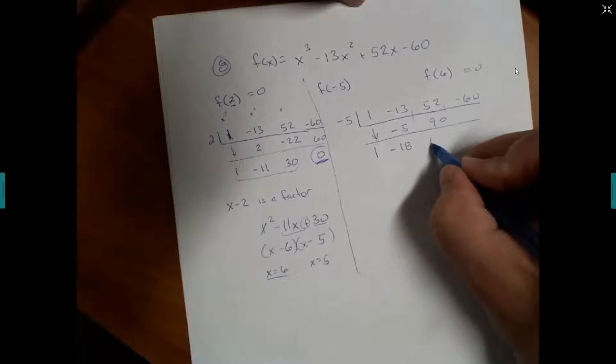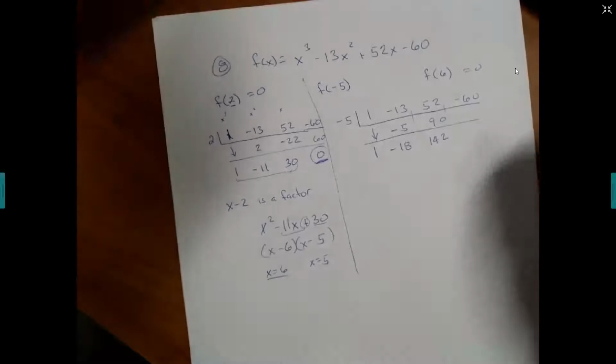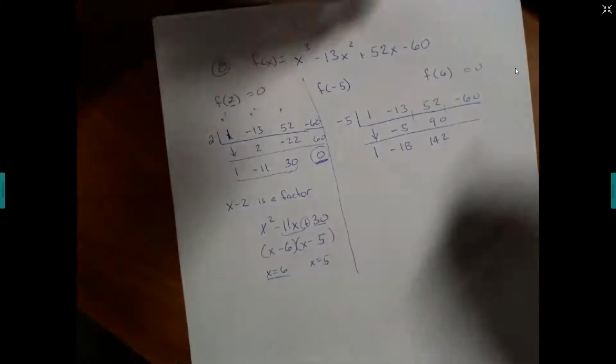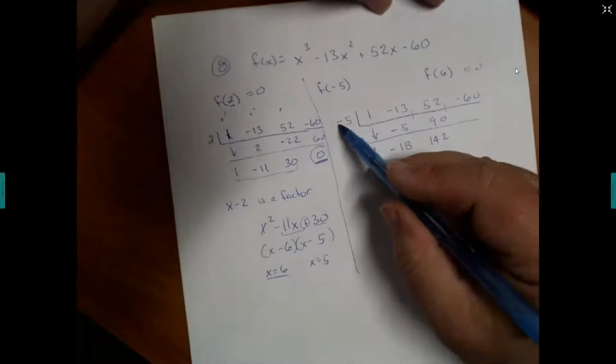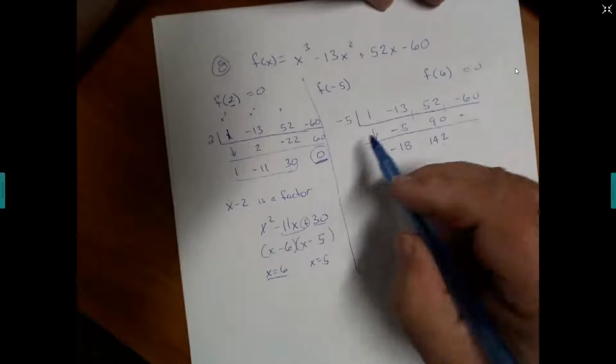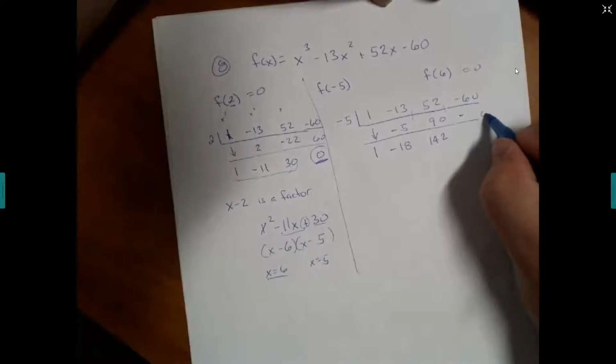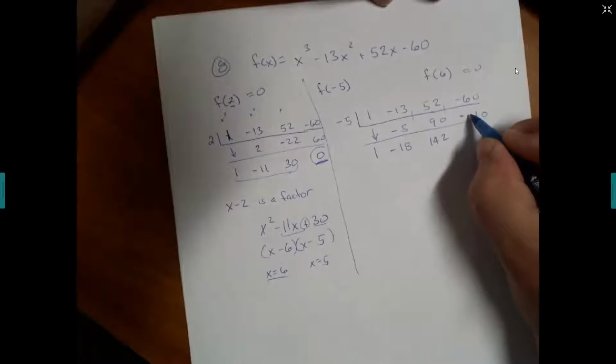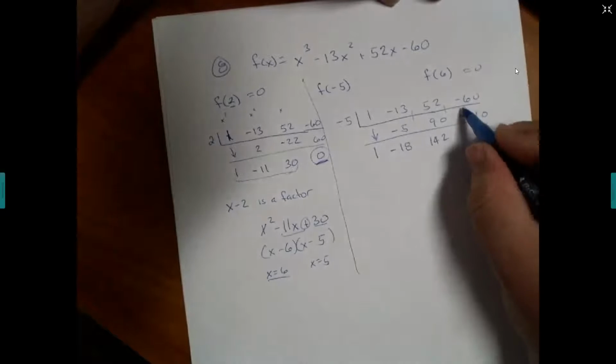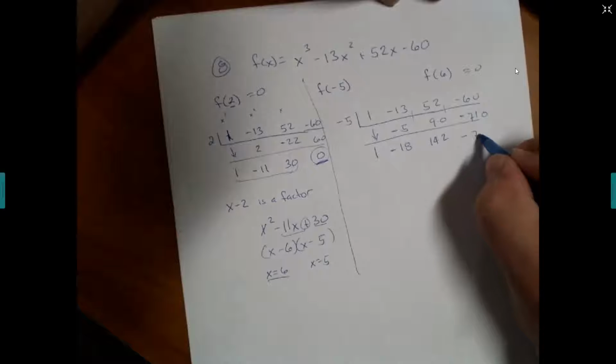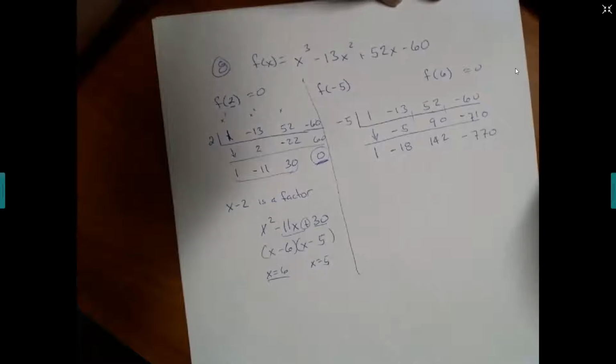Add. Now, negative times positive is negative. 5 times 142. And if you add them, they're both negative. So it's 770.